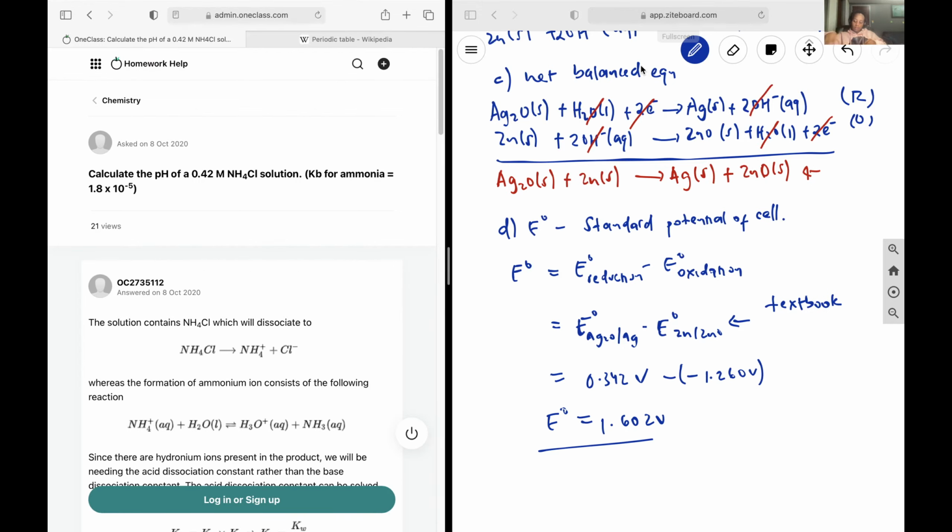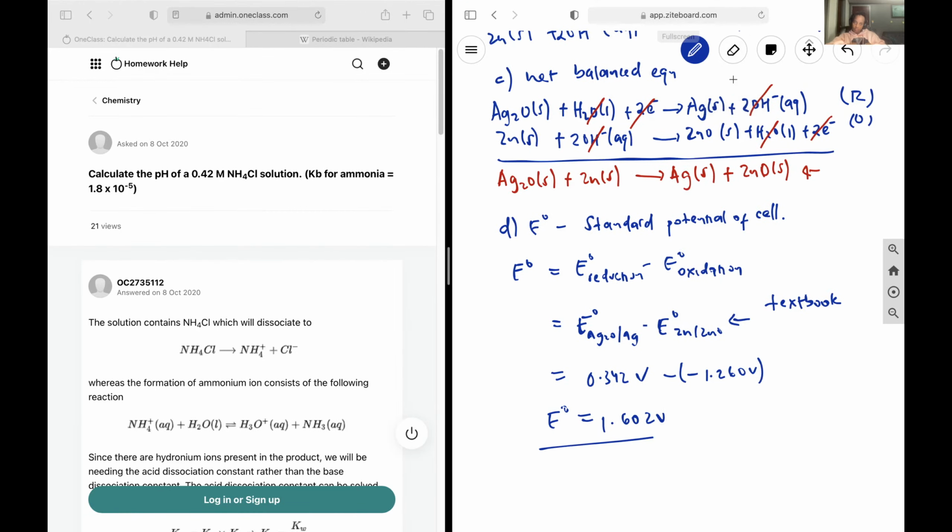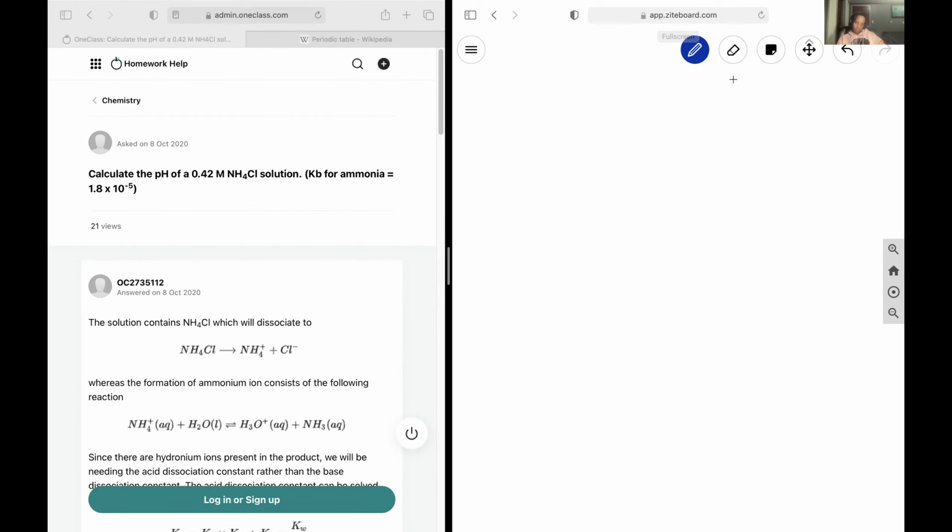Okay, and this is going to be our last question. We'd like to figure out the pH of a 0.42 molar NH4Cl solution. The Kb for ammonia is 1.8 by 10 to the negative 5. So first, we're going to need to account for the dissociation of the solution that we're given.